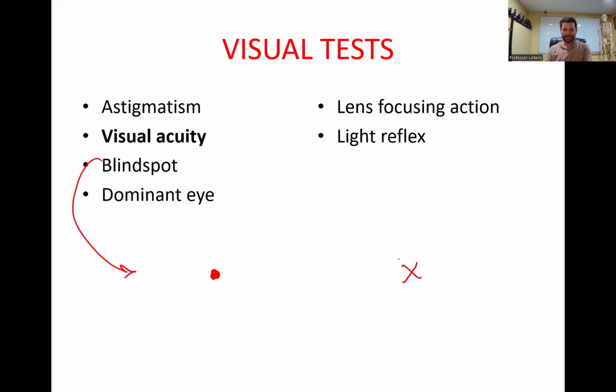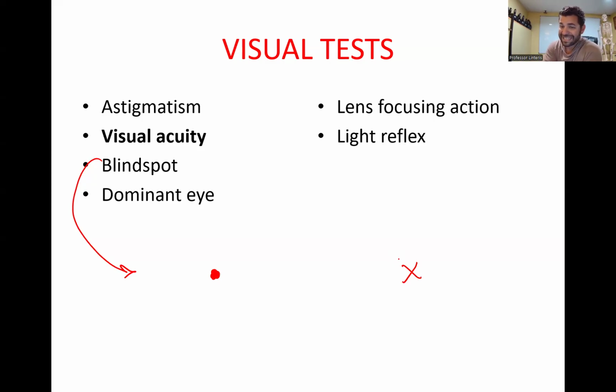When the light reflecting off that X hits your blind spot, you won't be able to see it because there are no receptors on the optic disc. So that's what it looks like, that little circle and the X, and you just stare at the circle, and then the X will disappear like it just did. Even on my computer, it works.